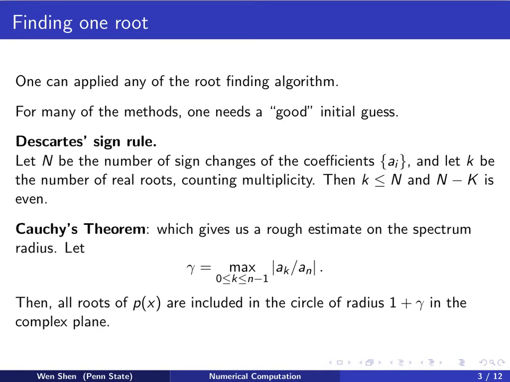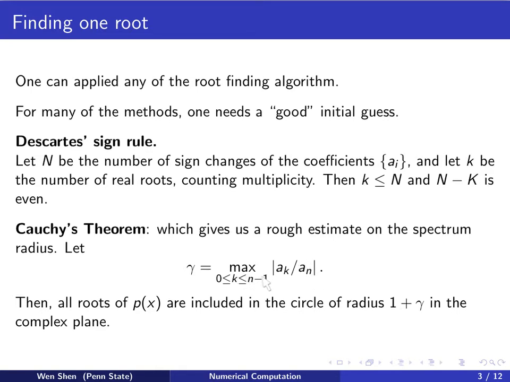Furthermore, we also have Cauchy's theorem. It's a theorem that gives us a rough estimate on the spectral radius. So let now gamma be the maximum of the absolute value of the ratio between the coefficient a_k over a_n. That's the coefficient of the x with the highest power.